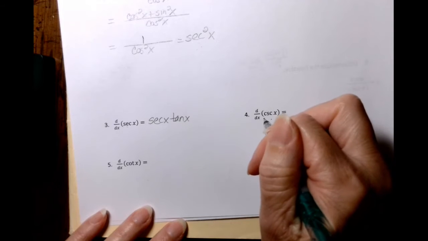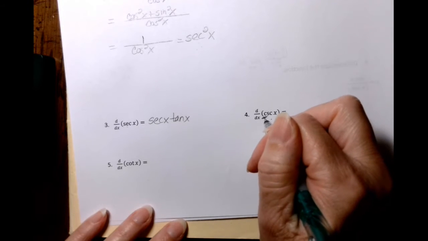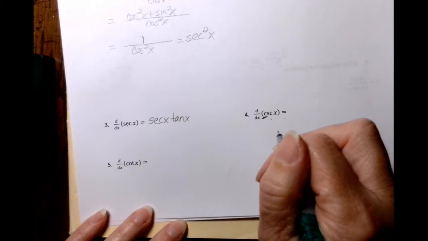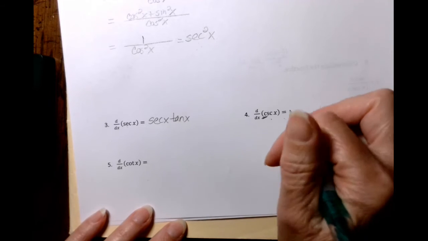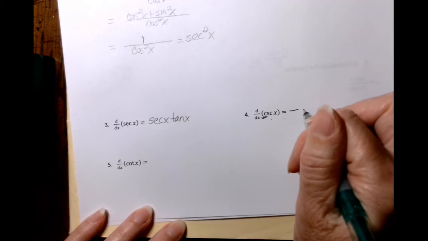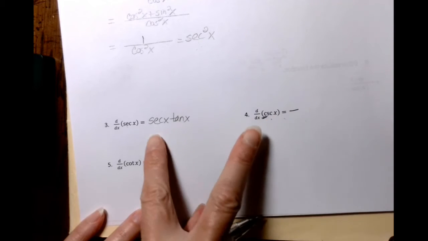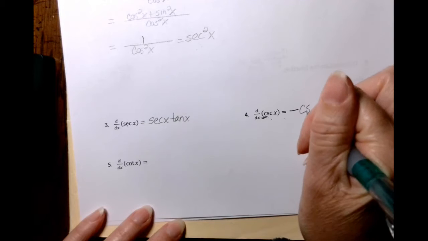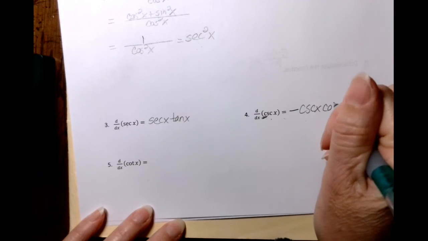Cosecant, and another helpful little tip, is all of your c trig derivatives. It's like going under the sea, and it's below sea level, so the c's go negative. So the derivative of cosecant, kind of paralleling, is negative itself times cotangent.